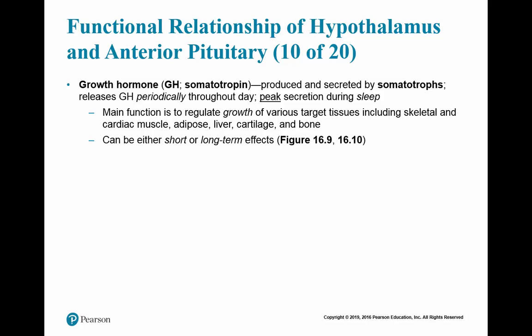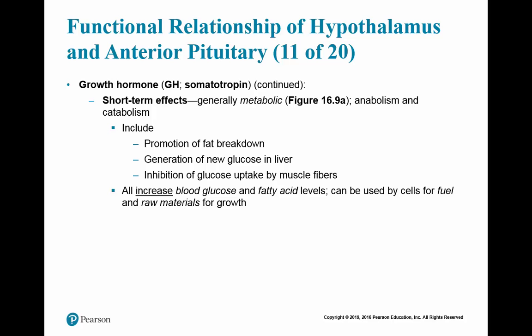And the main function of growth hormone is targeting various tissues of the skeletal, the cardiac muscle, adipose, liver, cartilage, and bone. And the effects can be long-term or short-term. Now, short-term effects are usually metabolic. It's going to be either anabolism or catabolism, building or breaking down.